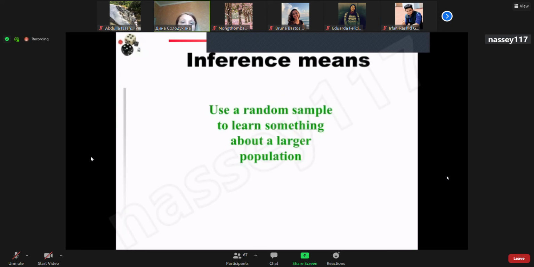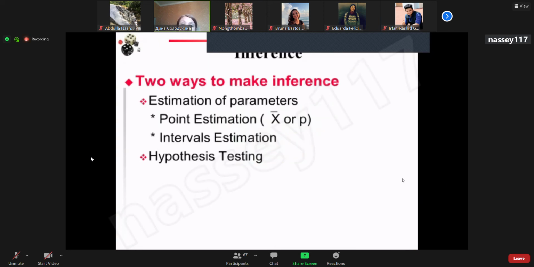And it is crucially important to understand that if you study just a group of subjects and we analyze the data in a particular sample, this is descriptive statistics. If we want to generalize our conclusions and apply conclusions from the certain sample to the whole population, we need to use statistical inference.